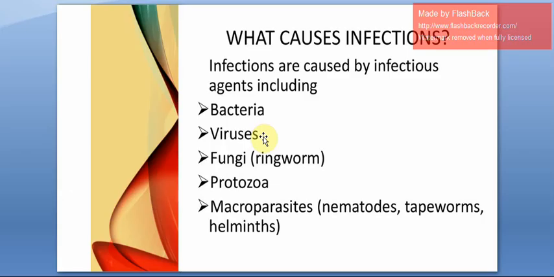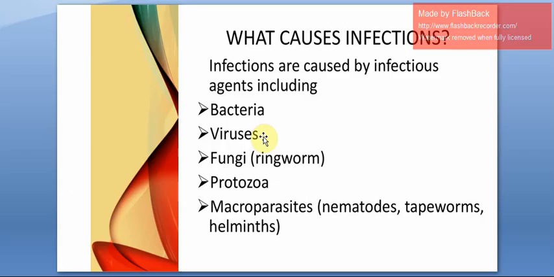Moving on to virus. Viruses are also responsible for infections, so they can result in viral infections. Examples include the measles virus, rubella, and the chickenpox virus. Next is fungi. Candidiasis or aspergillosis are examples of fungal infections. Then protozoal infections.